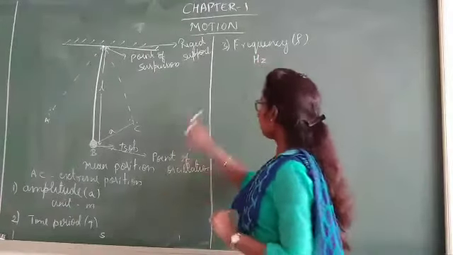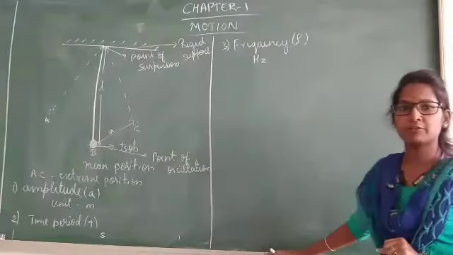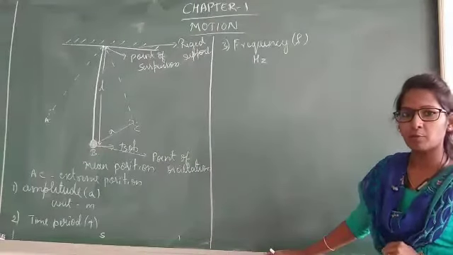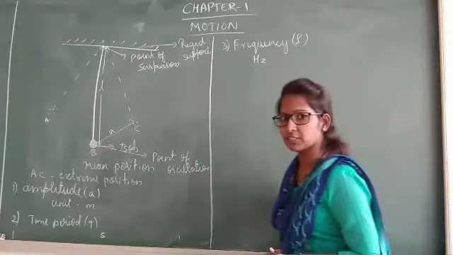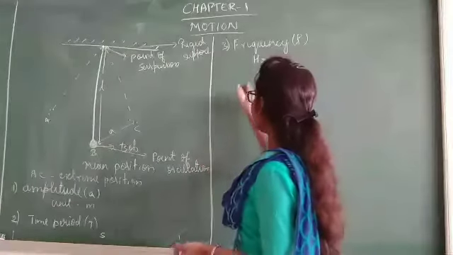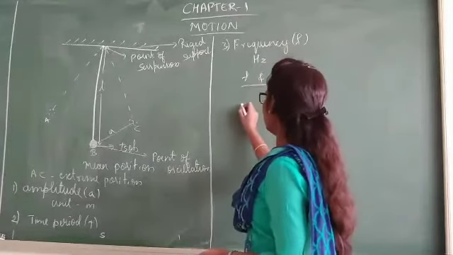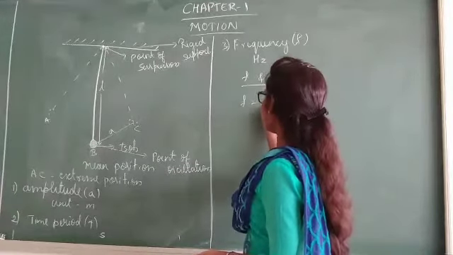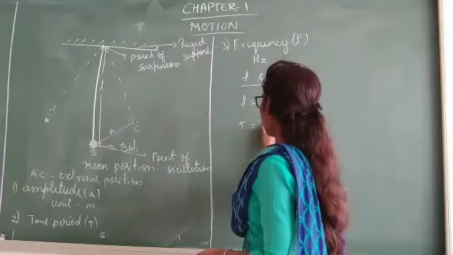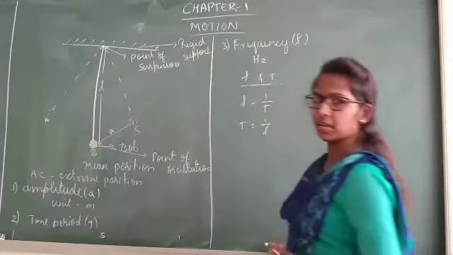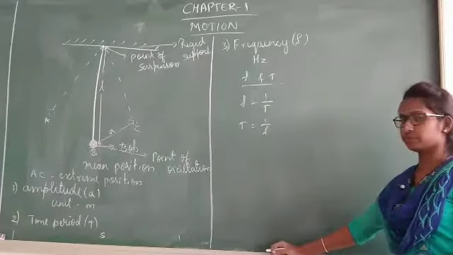If you compare the definitions of time period and frequency, they are reciprocal of each other. So we can write the relation between f and T as f = 1/T or T = 1/f, because both of them are inversely proportional to each other.